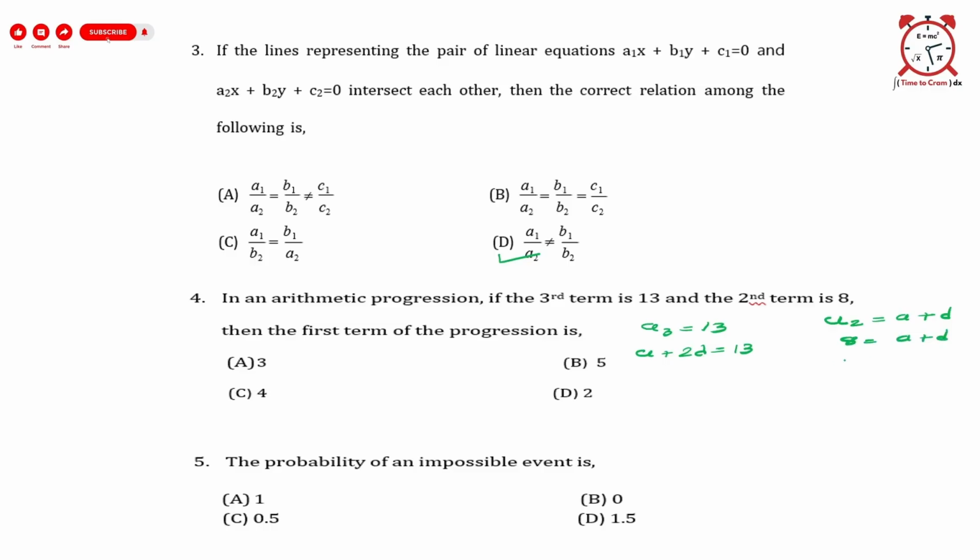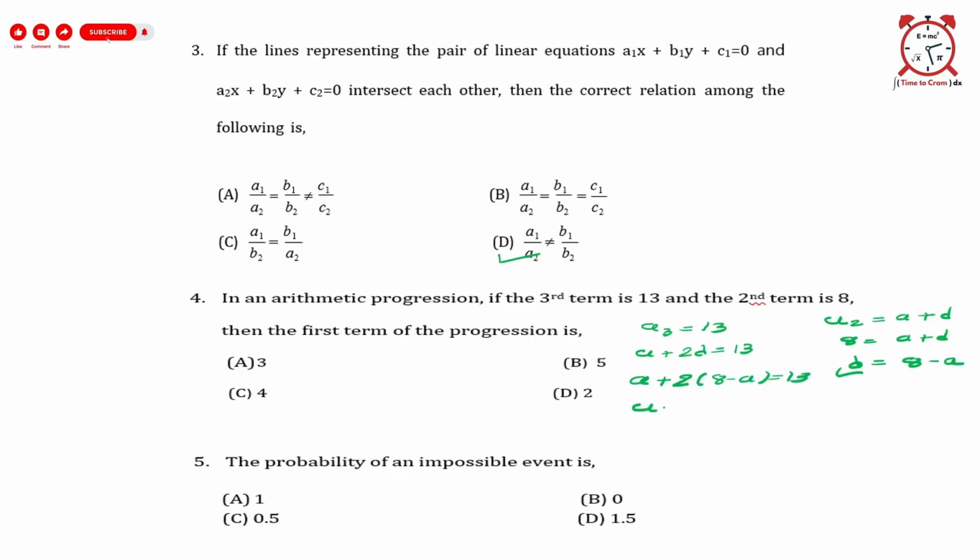From this equation we will make D the subject, then D equal to 8 minus A. This value of D we will substitute in this equation. So A plus 2 into bracket 8 minus A equal to 13. So let us solve this equation.